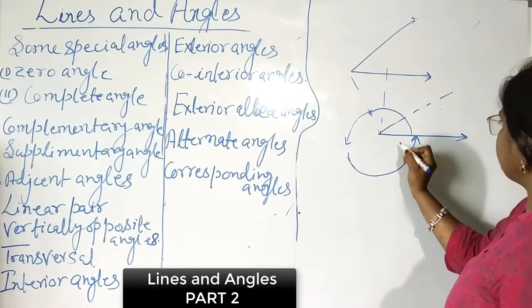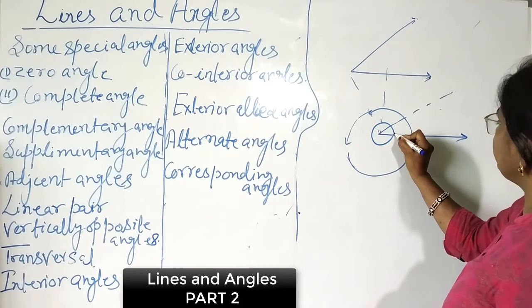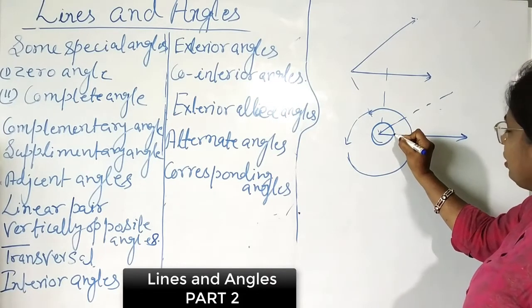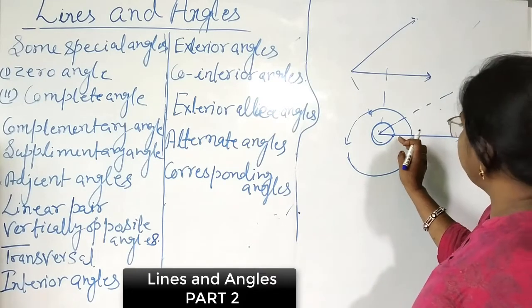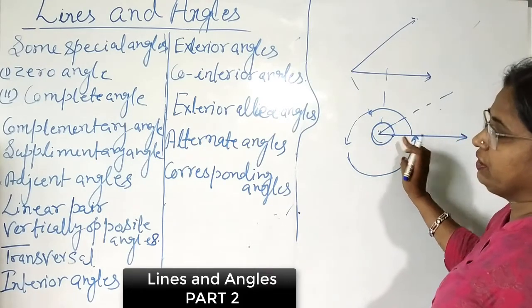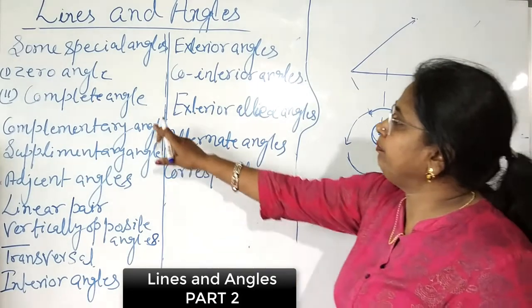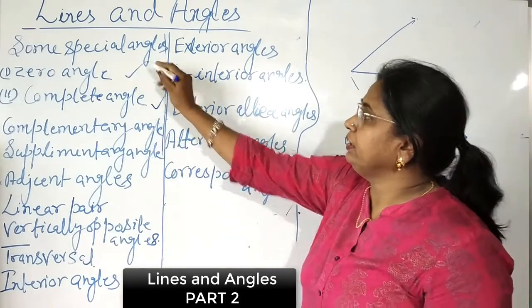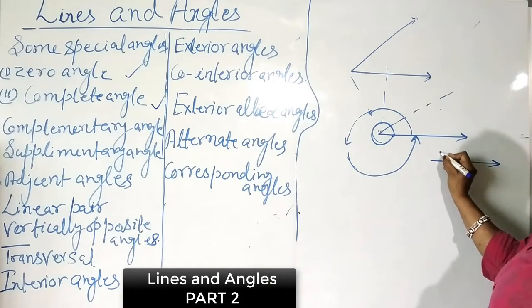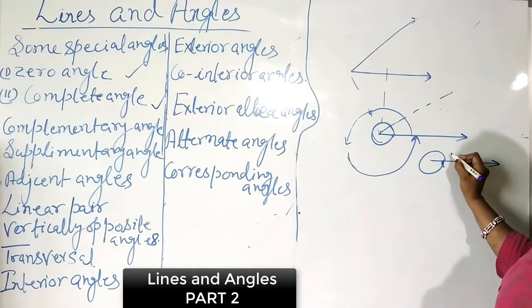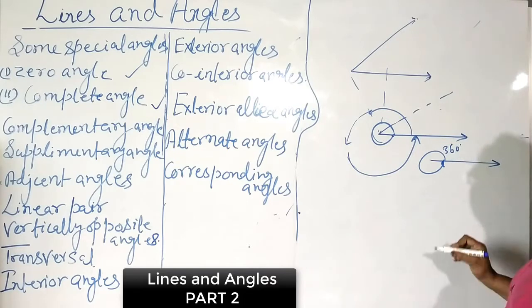Starting from the initial point and coming to the end point, one complete rotation is called a complete angle. It means 360 degrees.